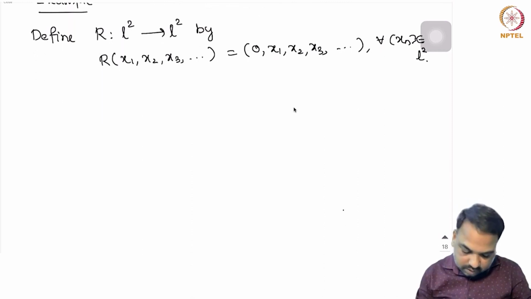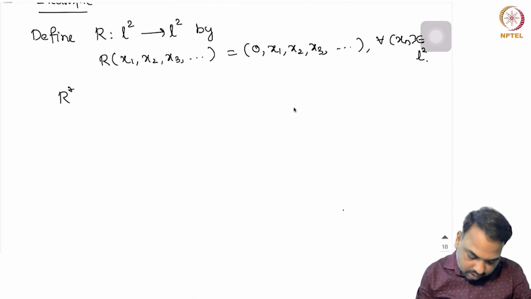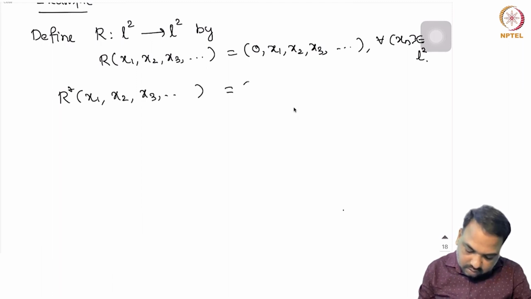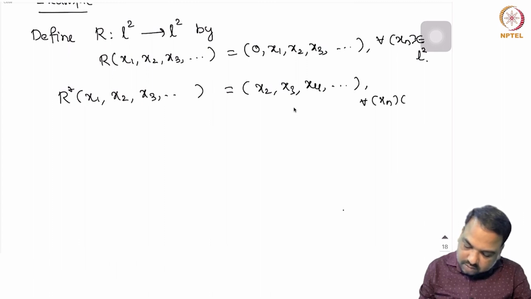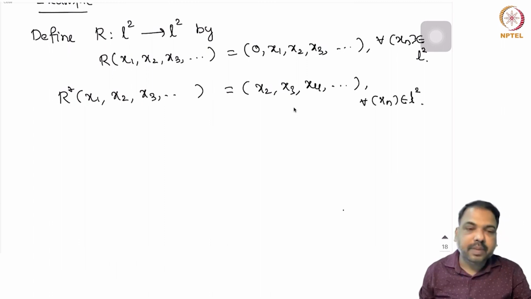Now we know that R star of (x1, x2, x3, and so on) is nothing but (x2, x3, x4, and so on) for every (xn) in L2. So this is the left shift operator.